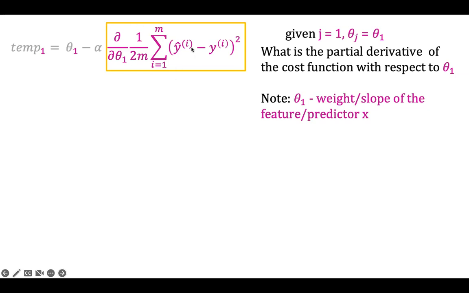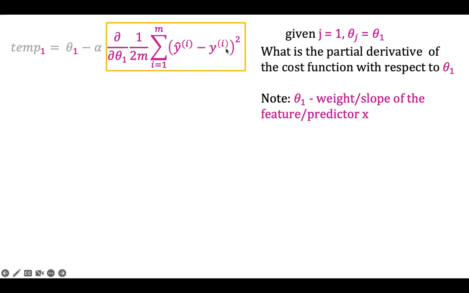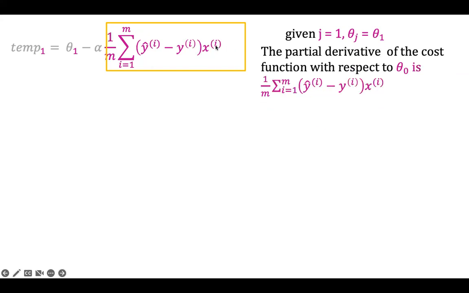So the partial derivative of the cost function with respect to theta 1 is equal to y hat minus y i, or the difference between predicted and actual, times the x, and take the sum. This is essentially equivalent to the dot product of the errors and the x.